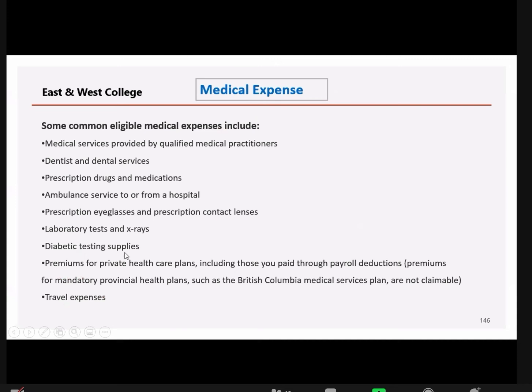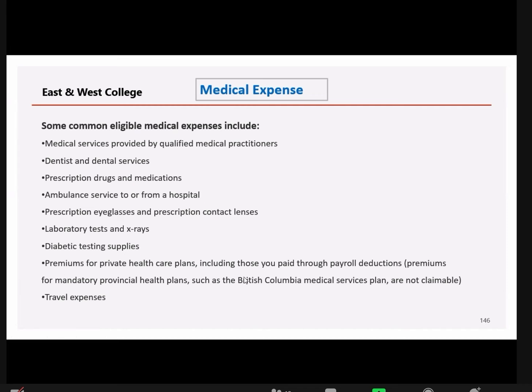Diabetes test supplies. Premiums for a private healthcare plan, including those you paid through your payroll deductions. So those through your payroll deductions are in box 85 of your T4. Okay, they just say that.